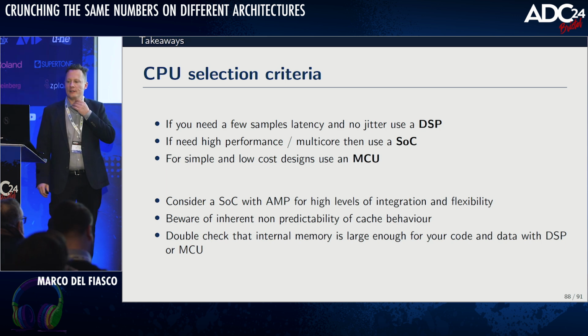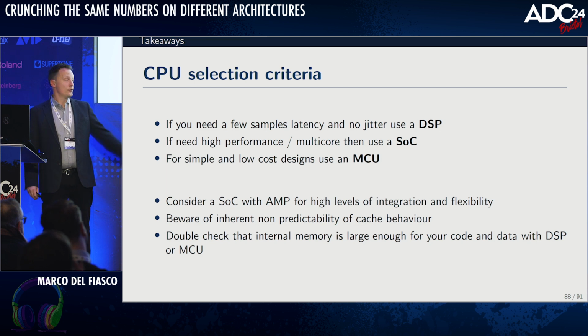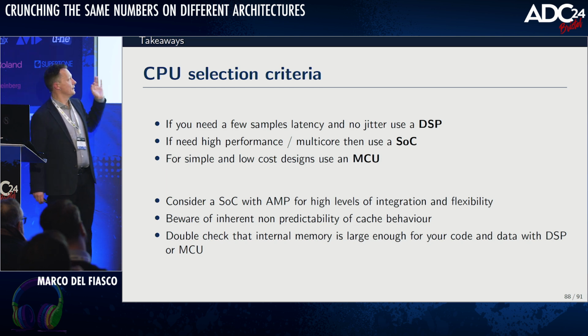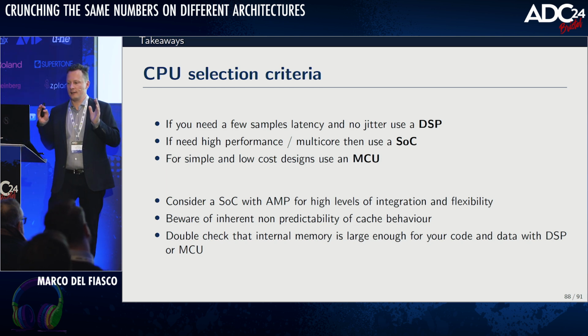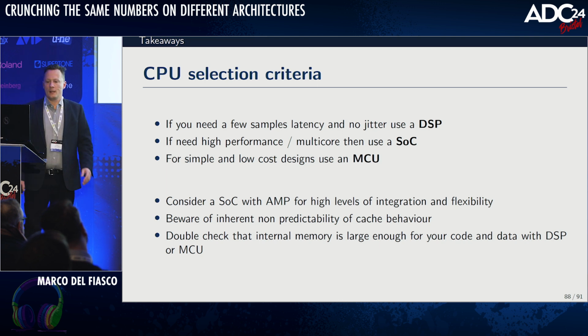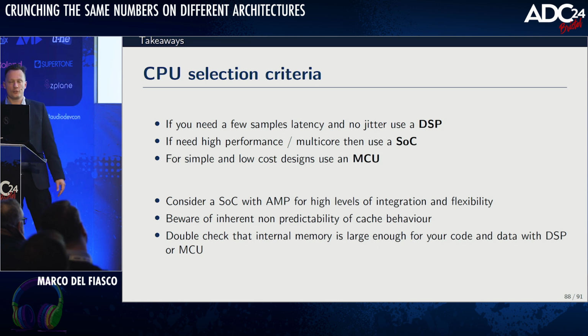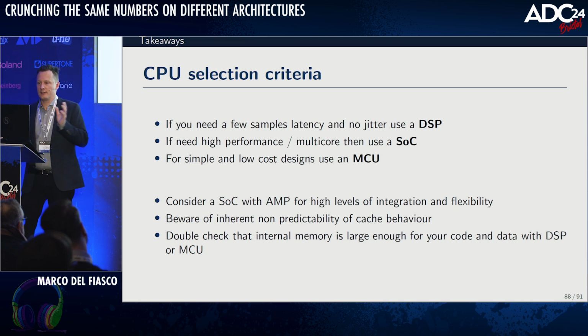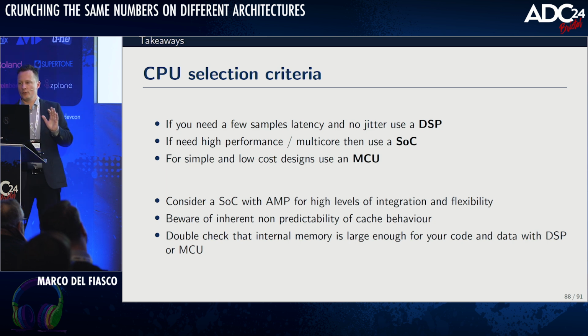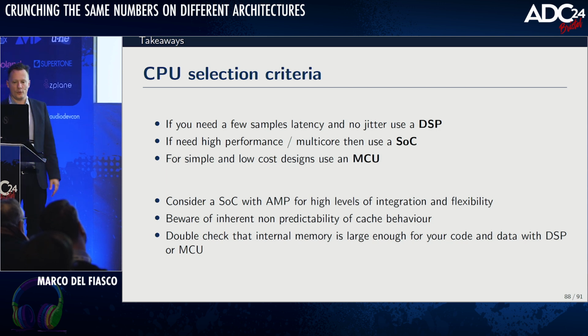It's very common nowadays. If you have a cache, please remember this inherent jitter and unpredictability. If going with DSP and microcontrollers, please double-check that your internal memory is enough to store code and data. Otherwise, it will get very hard. And probably going with a SOC is the best option if you are tight on memory.